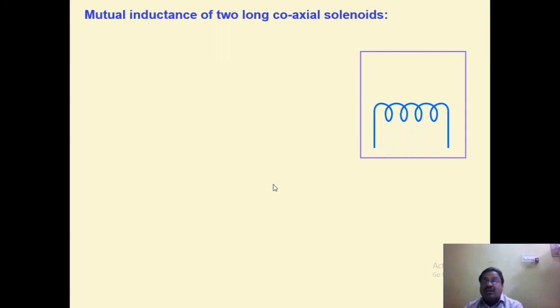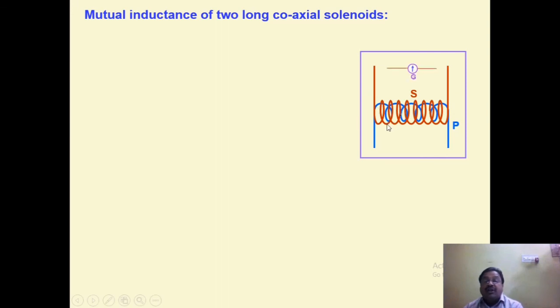This is one solenoid coil wound over a core. Another coil will be wound over it. They will have a common axis. In the two colors here, you mark one is primary, the other is secondary. Blue is primary, and the other one is secondary, and both have a common axis.